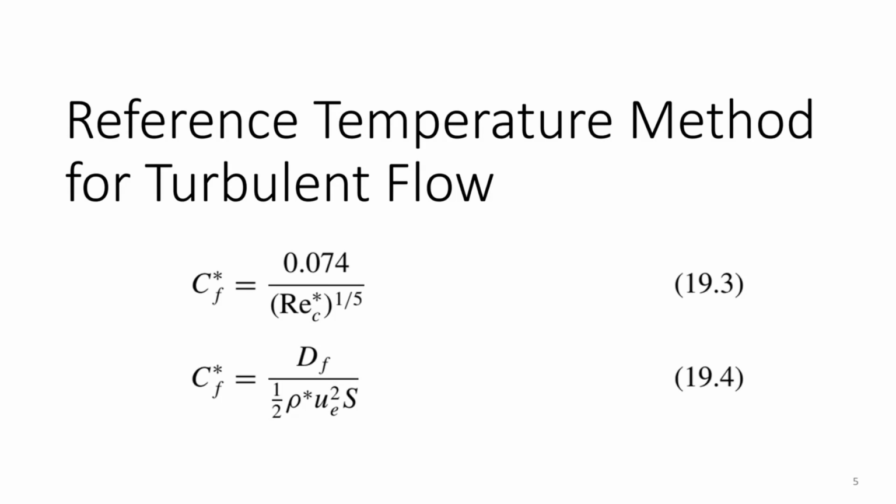As we know, viscosity is a strict function of temperature, so viscosity will always be associated with temperature. The reference temperature method uses a definition of reference temperature, which is related to exchange in the turbulent or laminar boundary layer.